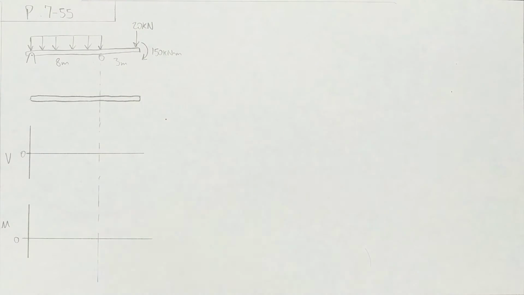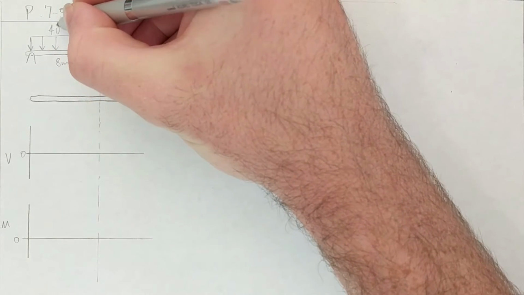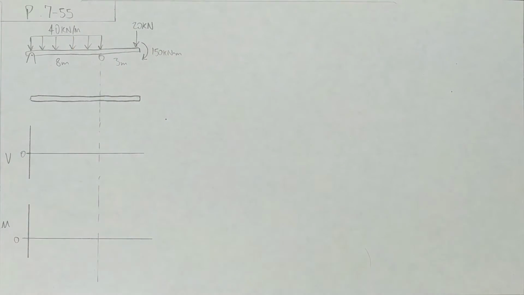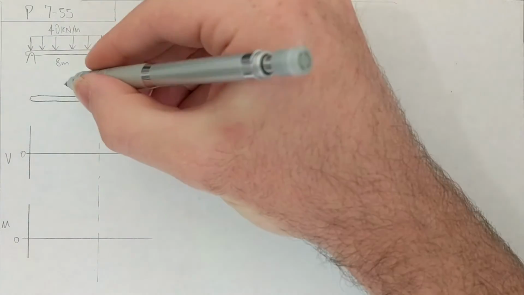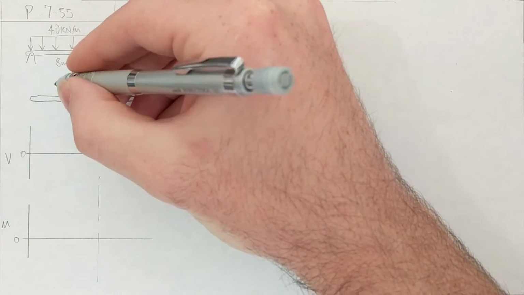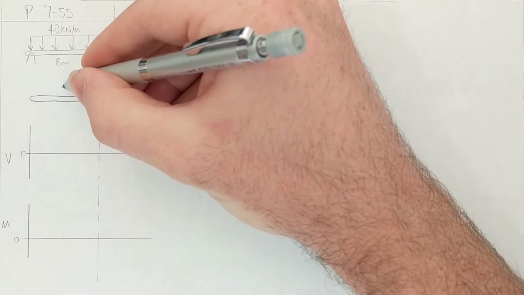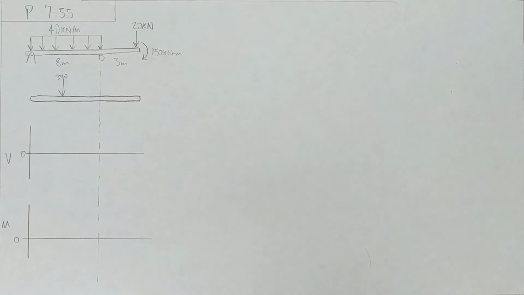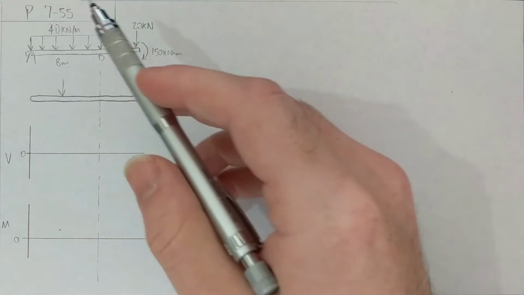Alright, problem 755, we have a 40 kilonewton per meter distributed load. That'll be fun. So real quick, let's do our support reactions. 40 kilonewtons per meter over 8 meters, it's 320.